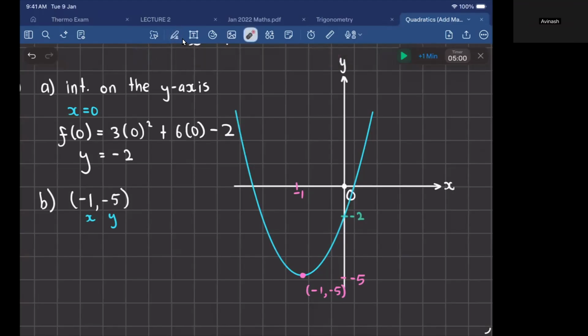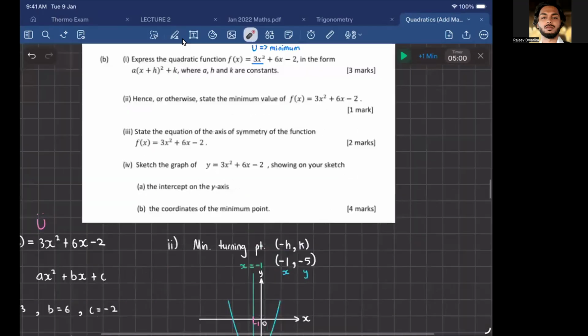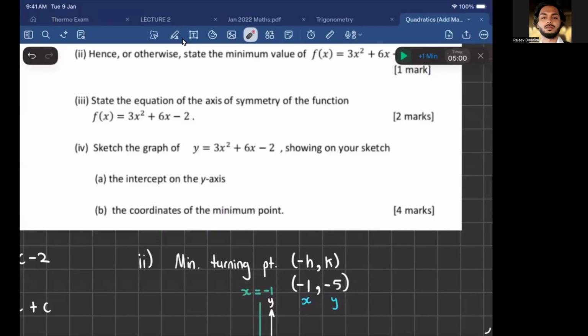So we know that the graph has to cut the y-axis at -2, and we know that the minimum point is -1 comma -5. And again, guys, if they ask you for the axis of symmetry, that would just be the line passing through the -1. So that'll be x is equal to -1. That's about it. And 4 marks for that? That's really crazy.